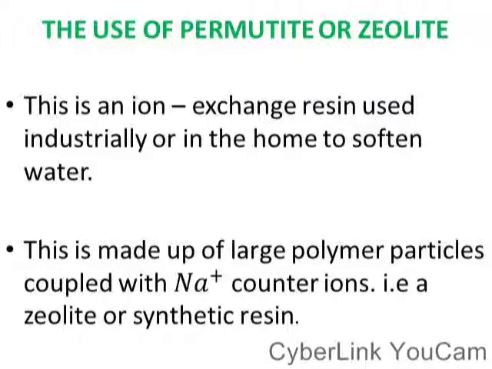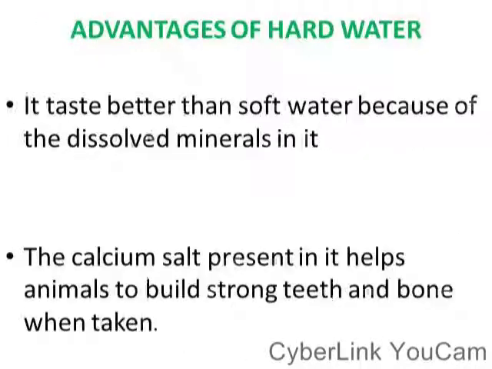Thereafter, it could be filtered off. Now let's look at the use of zeolite. Zeolite is an ion exchange resin used industrially or in the home to soften water. This is made up of large particles coupled with sodium as the counter ion, that is zeolite or synthetic resin.